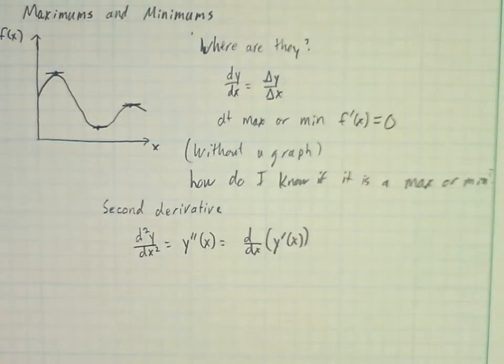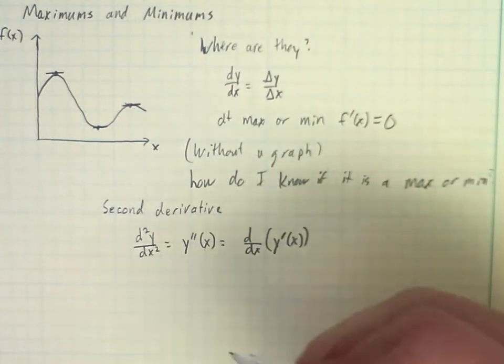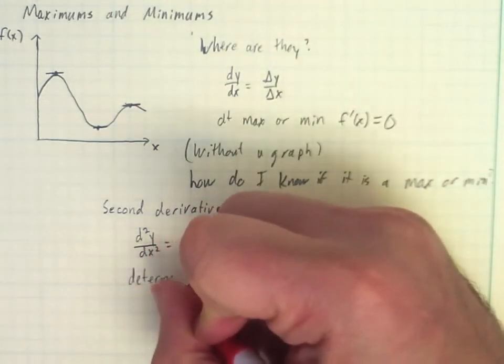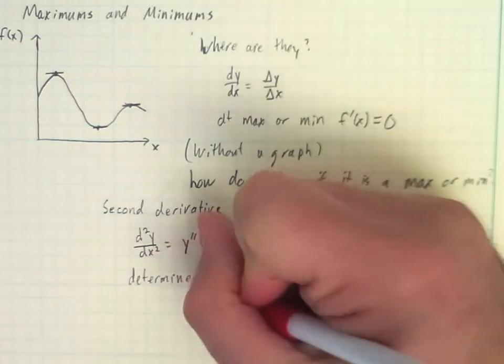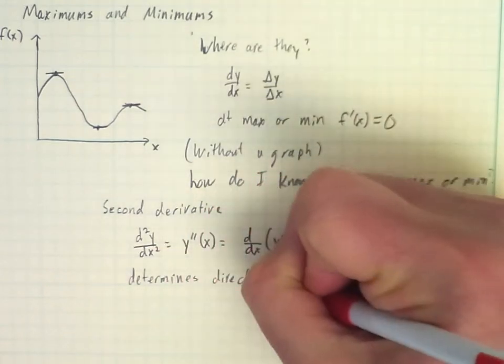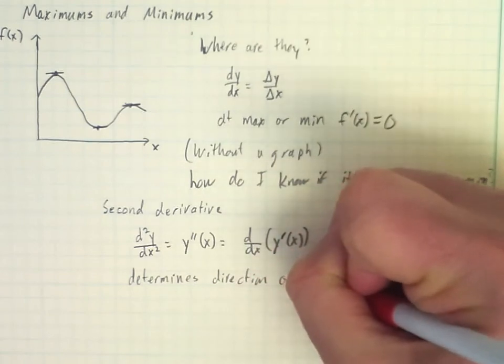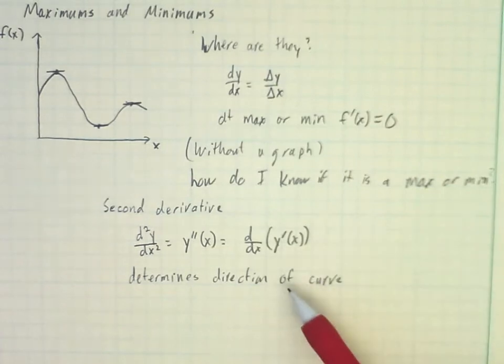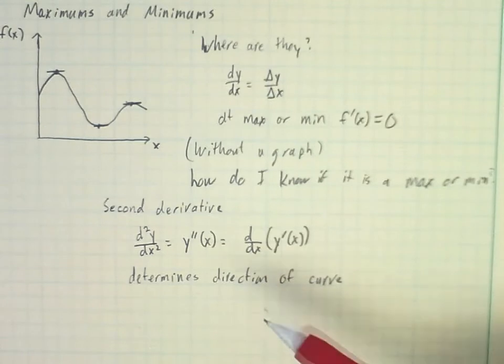What does that tell us? Well, the second derivative determines the direction of the curve. That's a little bit abstract to talk about, but the derivative tells us whether the function is increasing or decreasing.